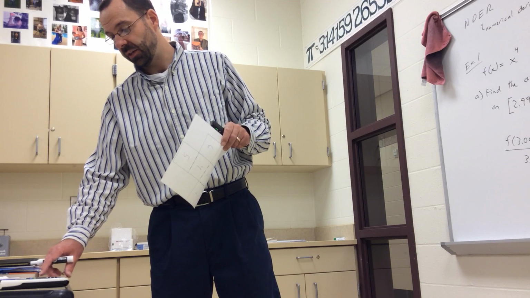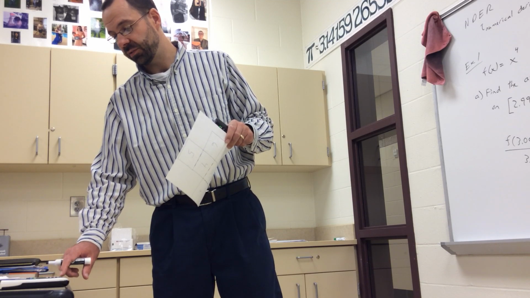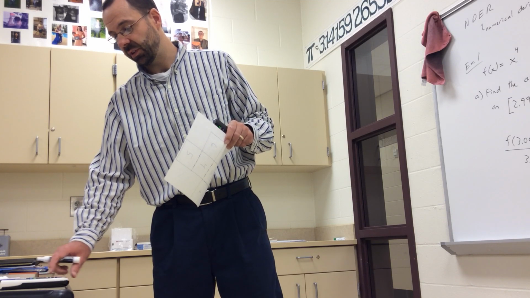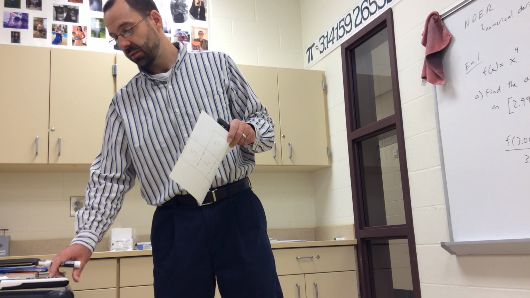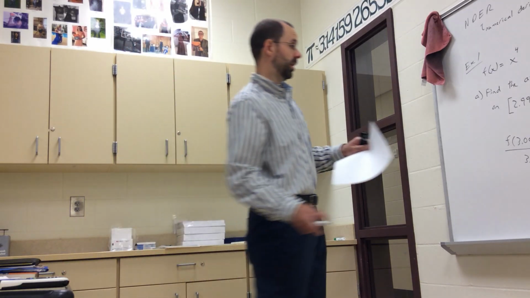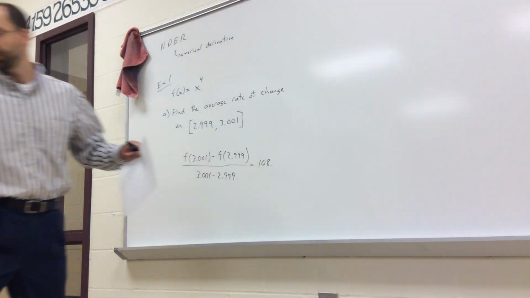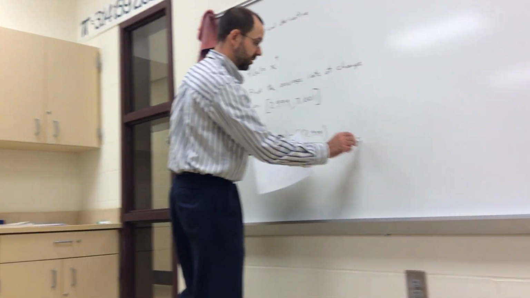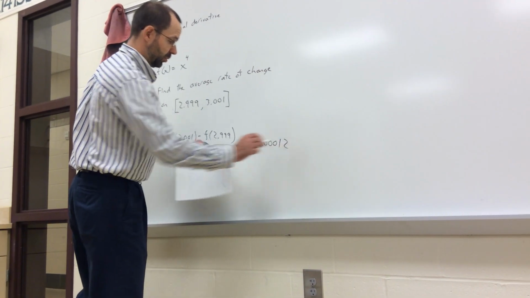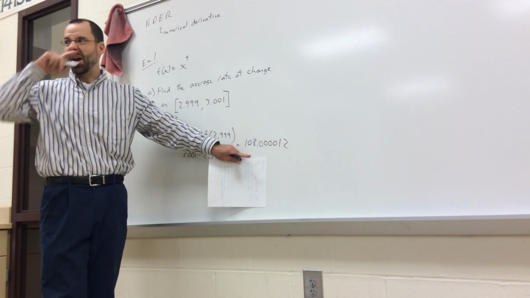And then you divide by 3.001 minus 2.999, and it comes out to 108.0000012.